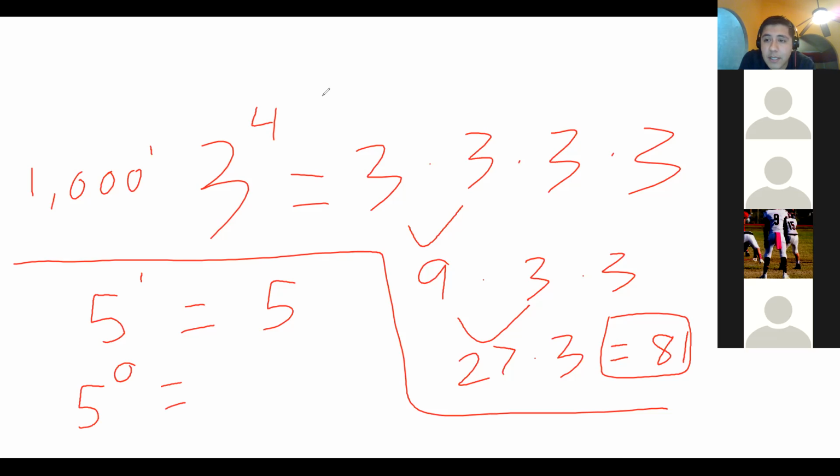And actually, that's the biggest mistake made. 5 to the power of 0 is actually not 0. 5 to the power of 0 would be 1. Anything to the power of 0 is 1. It doesn't matter what it is. I could say 1 billion to the power of 0 is equal to 1. Okay, that's another very important thing to remember.